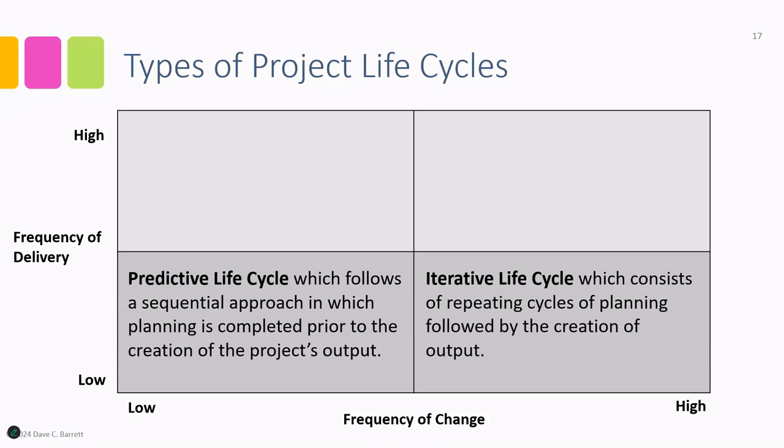This is an appropriate approach where we have a high frequency of change anticipated. Maybe we are less able to define our desired output up front. But there is, again, a low frequency of delivery anticipated, so it's delivered at the end. So this would be where an iterative life cycle would be most appropriate.